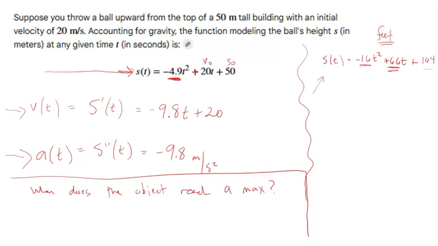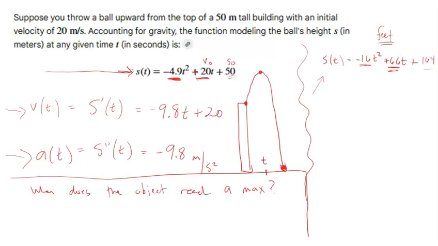If we're picturing what's happening here, here's your building, 50 meters high, and because the velocity is positive, it goes up in the air. Of course, gravity at some point will bring it down, and it is modeled by a parabola. Domain would be 0 to whatever the time is it hits the ground, which we could find. We know how to do that. That's an algebra problem.